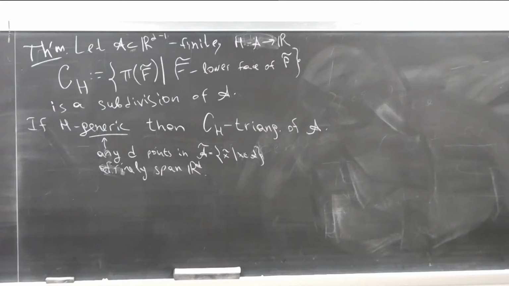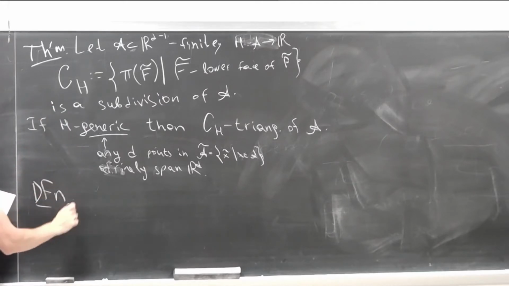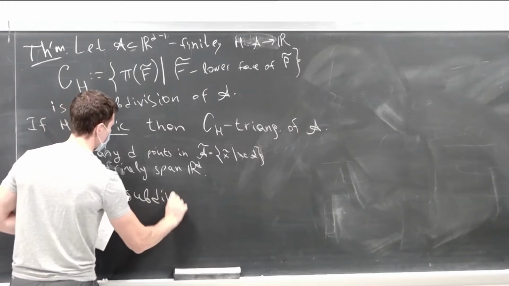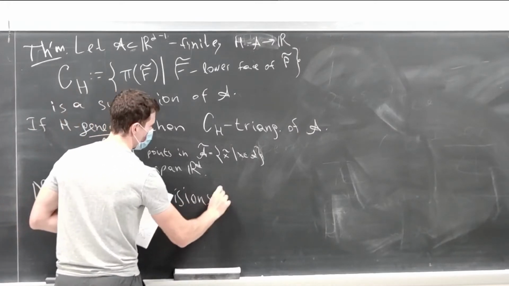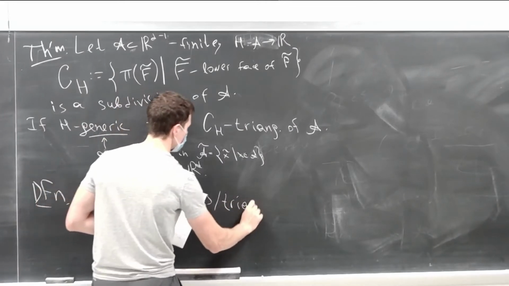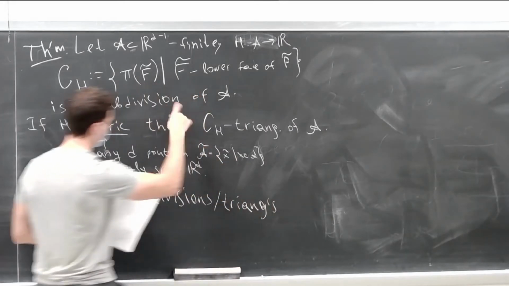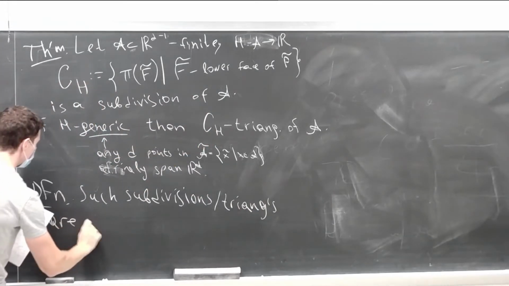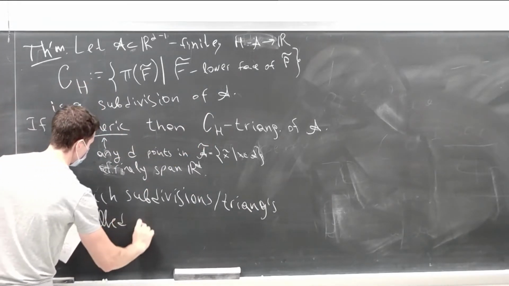All right. So how do I prove this? Before I even prove this, let me try to give you some examples. By the way, by definition, such subdivisions or triangulations which can be obtained in this way from some h are called regular.